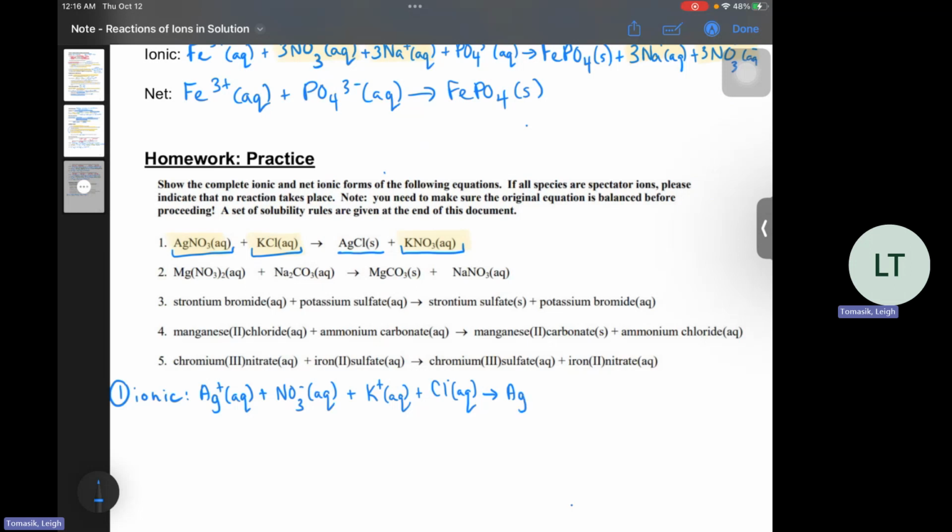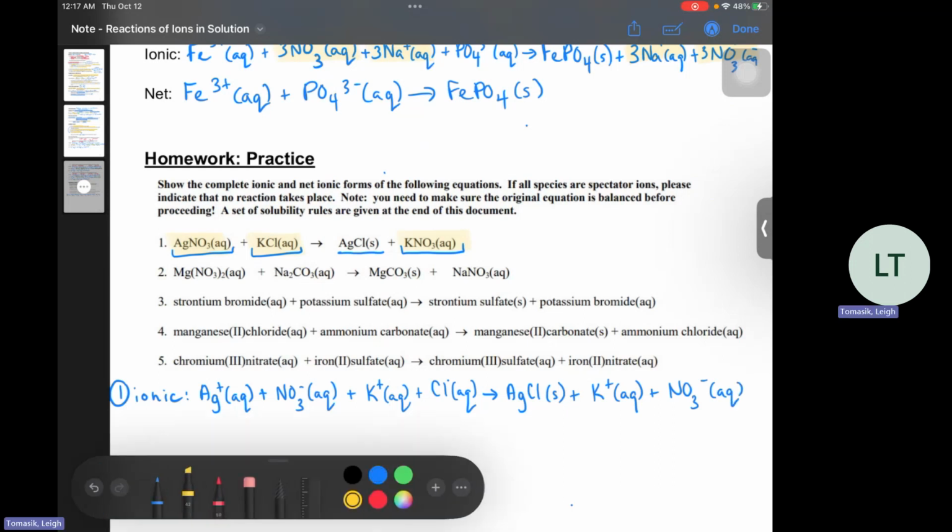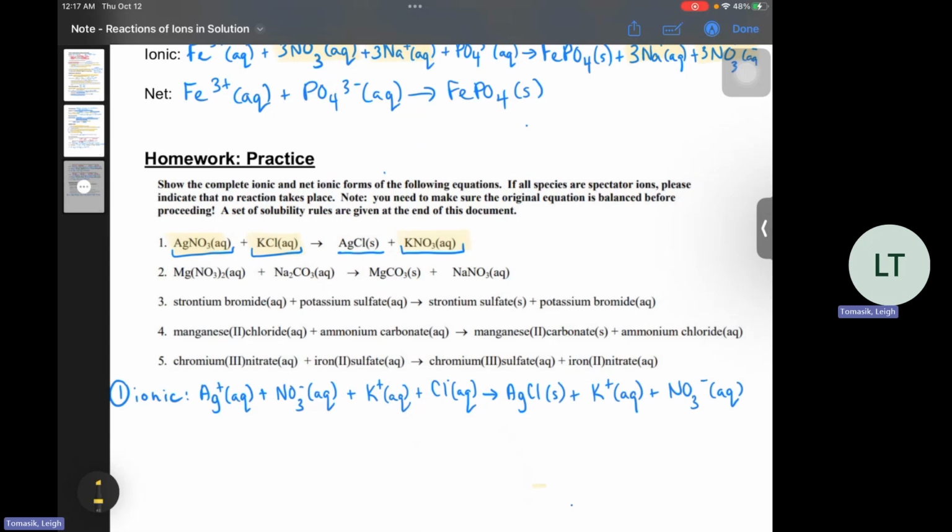AgCl stays as it is because it's the precipitate. Potassium has a charge of 1 plus, and nitrate has a charge of 1 minus. Okay, then we need to come up with the net. Before we come up with the net, we need to see what ions are part of the precipitate and what are not. Silver is part of the precipitate. Nitrate is not. Potassium is not.